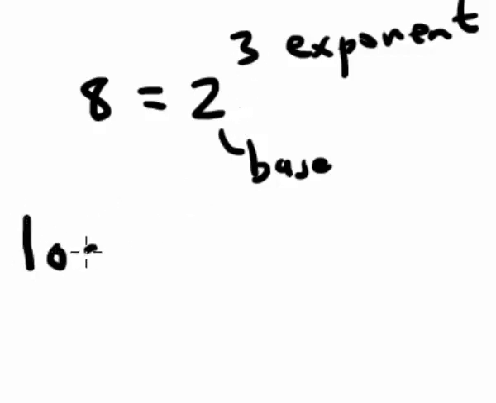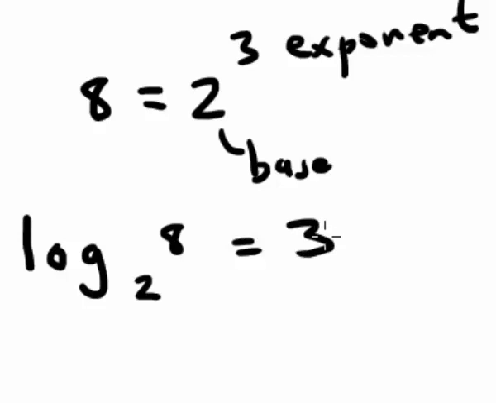Now notice the symbol: log of 8 to base 2 is equal to 3. So I'm giving the exponent another name. I'm saying the exponent is the logarithm, or we call it log, of 8, and the base gets written here slightly underneath. It's called log 8 to base 2.